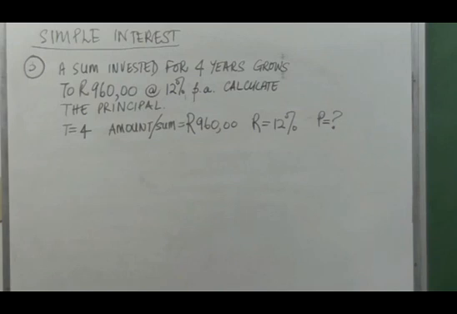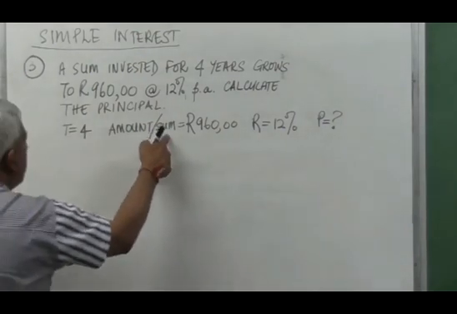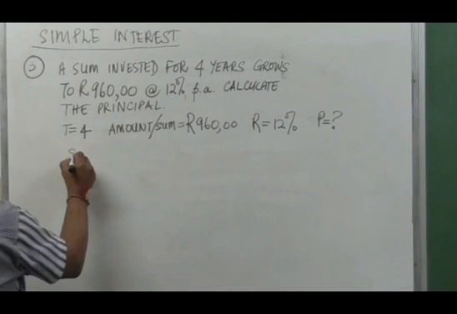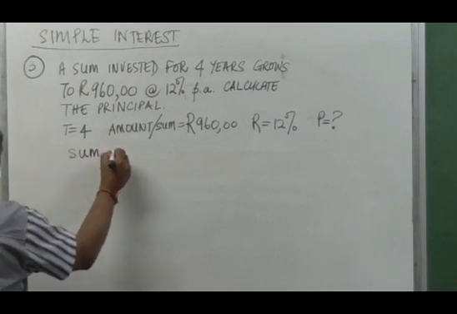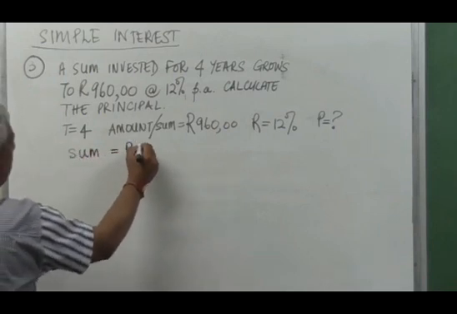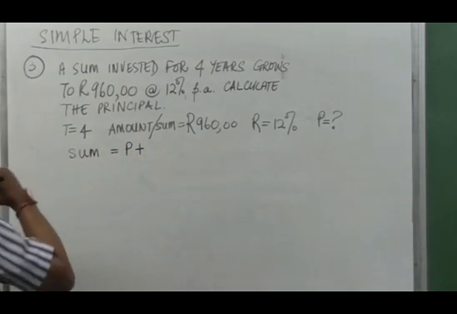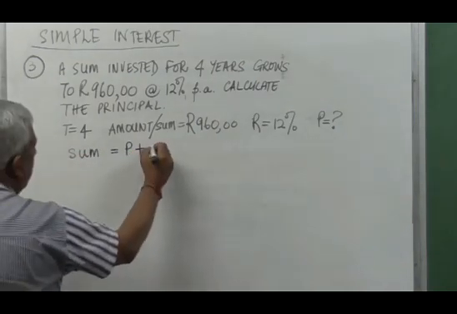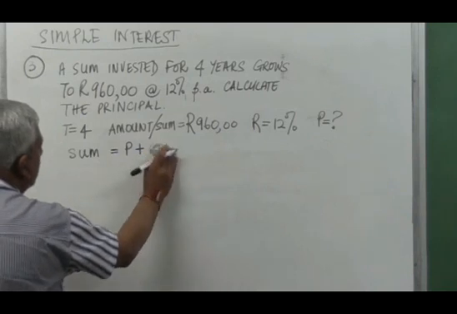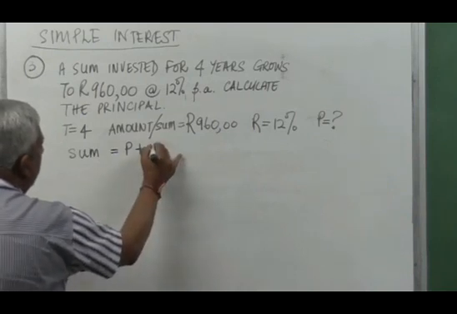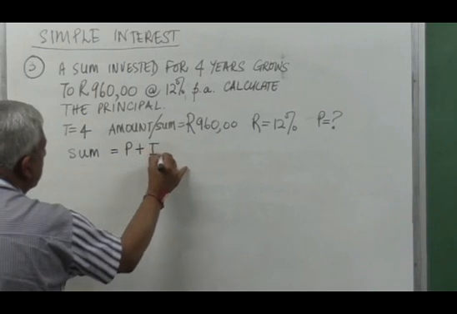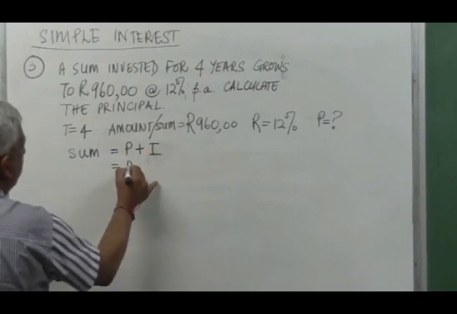So here we ask ourselves, what is the sum equal to? The sum is always equal to the principal plus the interest.